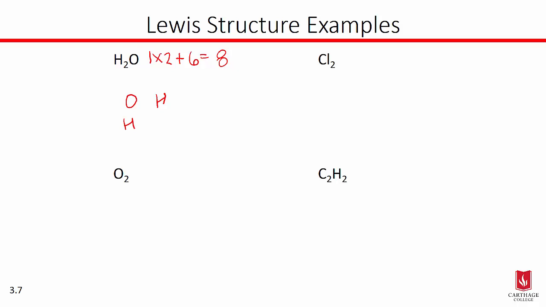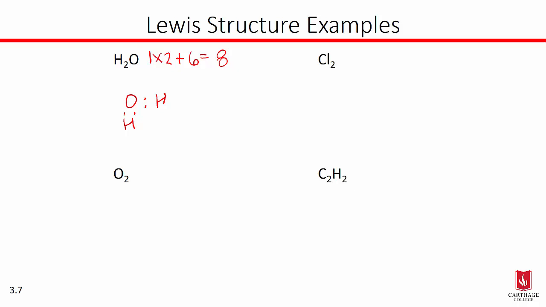So that gets us through step 2. The next step is we're basically going to assign electrons as pairs or pairs of dots around atoms, and we're going to share electrons first to form a molecule. So I have 8 electrons to play with. I know that I'm going to have a pair of electrons here and a pair of electrons here between the oxygen and hydrogen atoms.